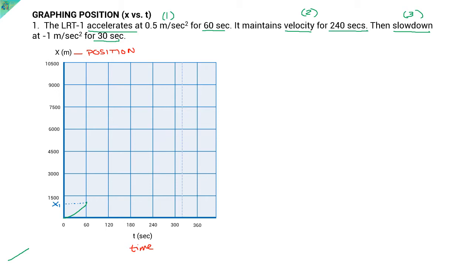It does not accelerate, which means that from 60 seconds to 240 seconds, so that will be up to 300 seconds, it will move for a certain period of time, which we still don't know, but let's assume.